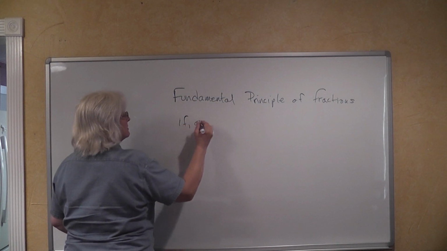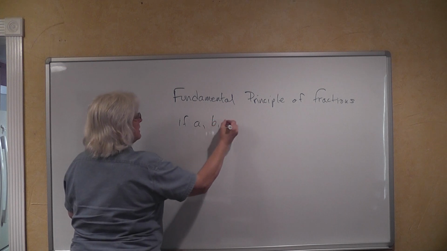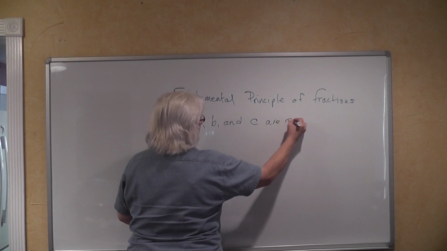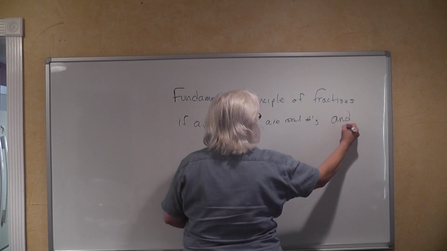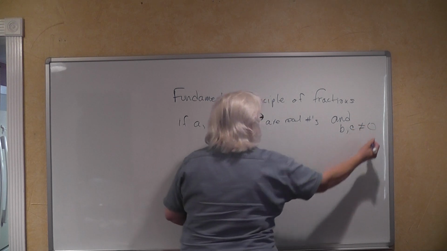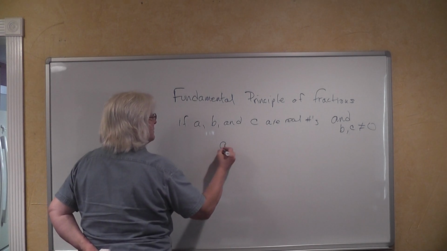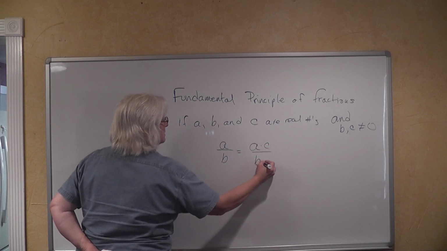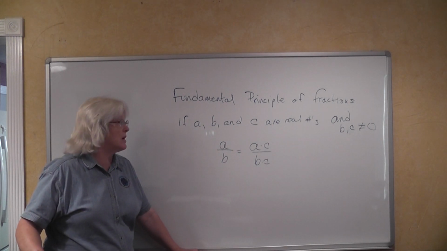If A, B, and C are real numbers, and B as well as C are different from 0, neither B nor C can be equal to 0, then if you have A over B, that's the same as A times C divided by B times C, and that's what lets us rewrite fractions with a common denominator.